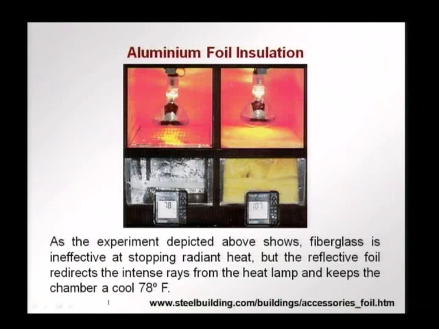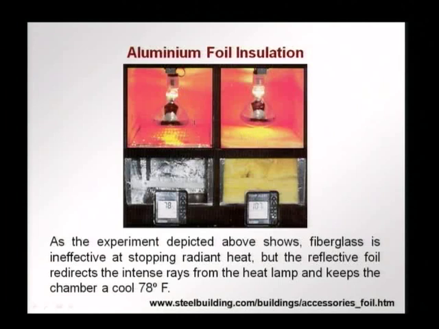These are some pictures from the web, I have given the source at the bottom. This is an experiment showing a box coated with aluminum on the left and without the coating on the right. So, this is the aluminum foil that is placed around the box, and similarly at the top we have aluminum here, and here you do not have the aluminum.